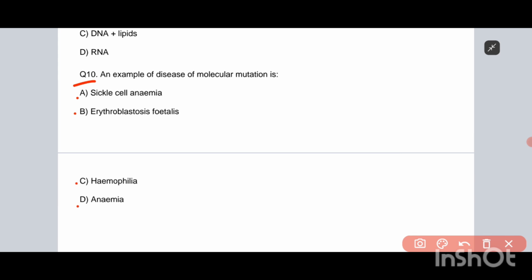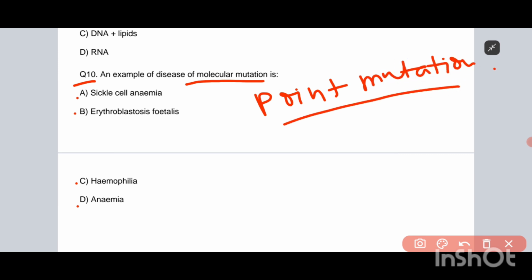Molecular mutation is the change of DNA at a molecular level, at a base level, which is also known as point mutation. And of this point mutation, sickle cell anemia is the best example. So option A is the correct answer.